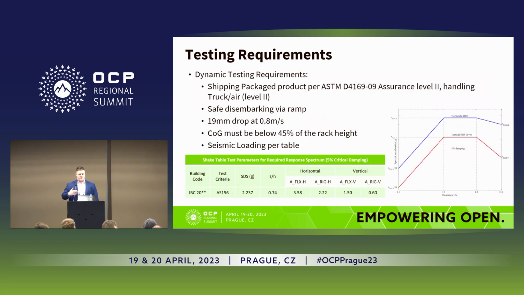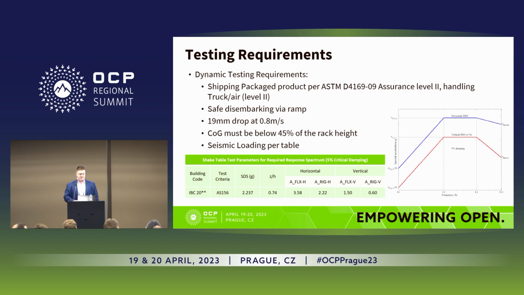So further to the vague testing requirements that are in the OCP requirement, the Google specification goes into it a lot more. So we've got vibration, accelerated life, transportation testing, so simulating air transit and truck transit per the ASTM standard.